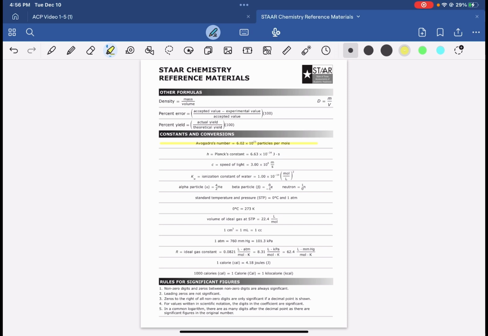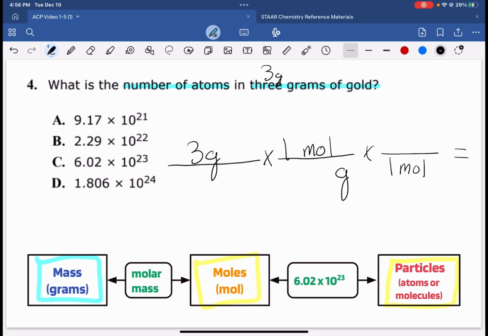That number is going to be 6.02 times 10 to the 23rd. Remember that particles, atoms, and molecules are all the same thing. You can use them interchangeably in your problem. So we're going to go ahead and take that number, Avogadro's number, and put 6.02 times 10 to the 23rd right here.